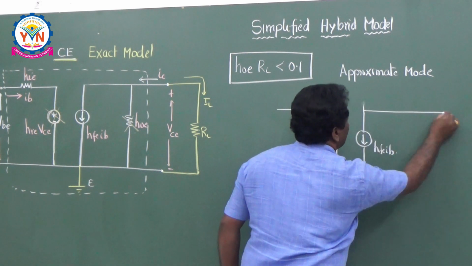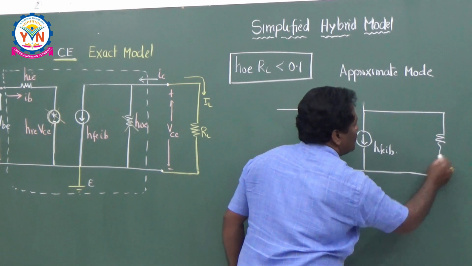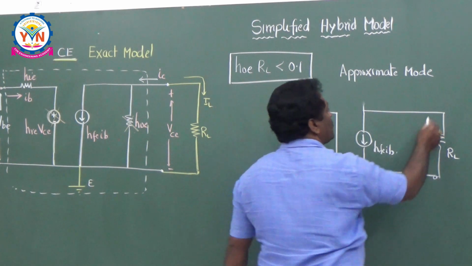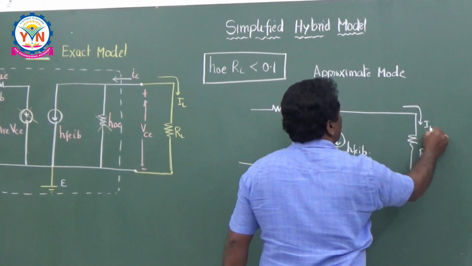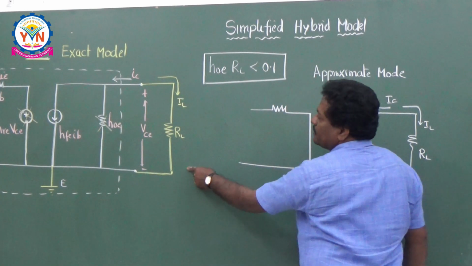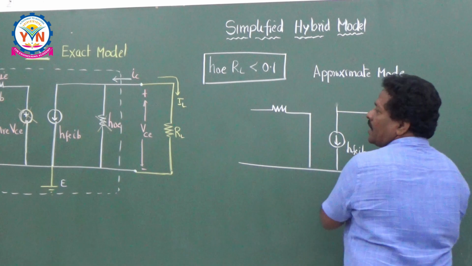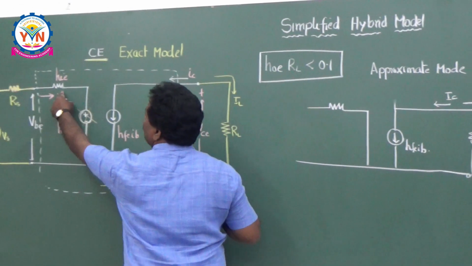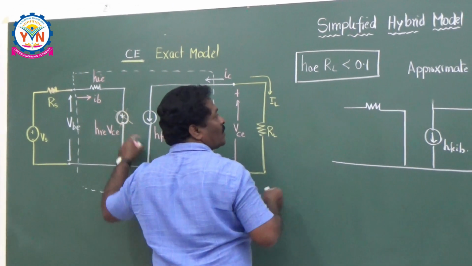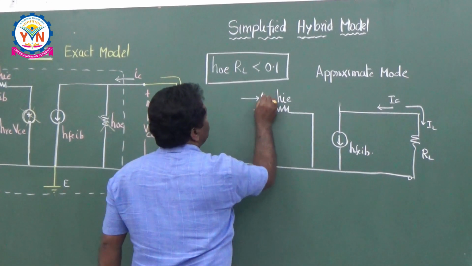So, this is the output voltage, this is RL, and the current through this one is IL, the output current is IC. So, on the output side it is very simple, HO is neglected, only one current source remains, and on the input side you have only HIE. So, this is HIE, and the input current is IB.